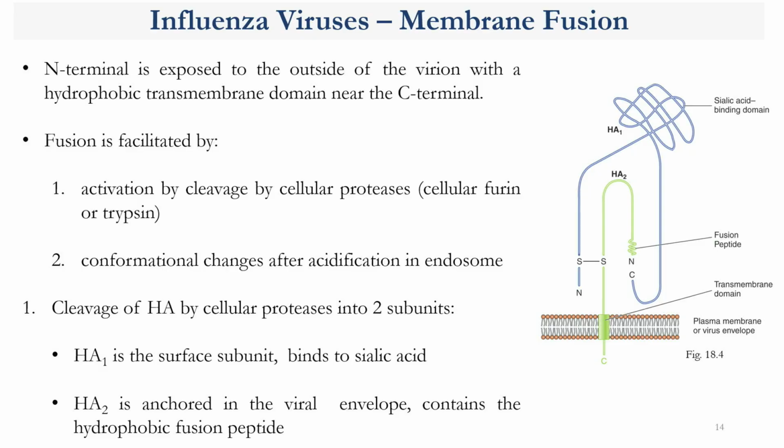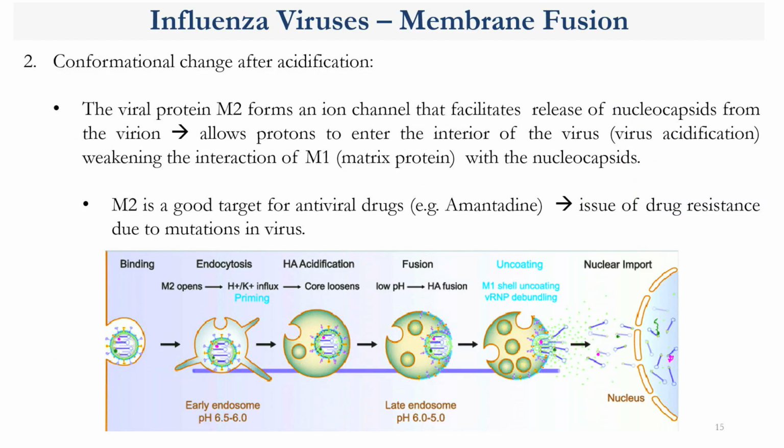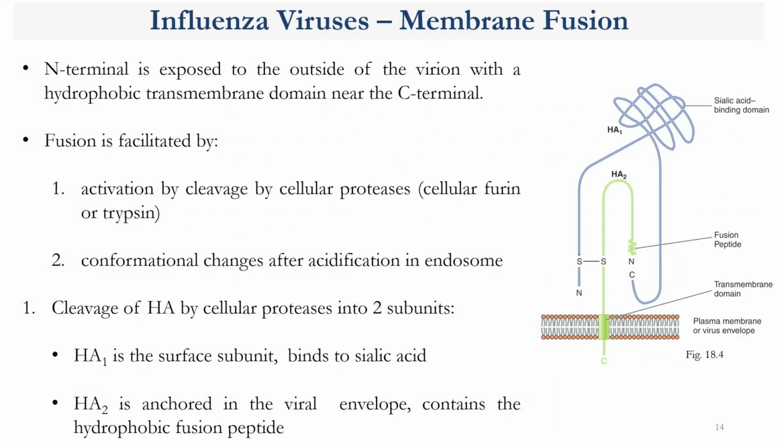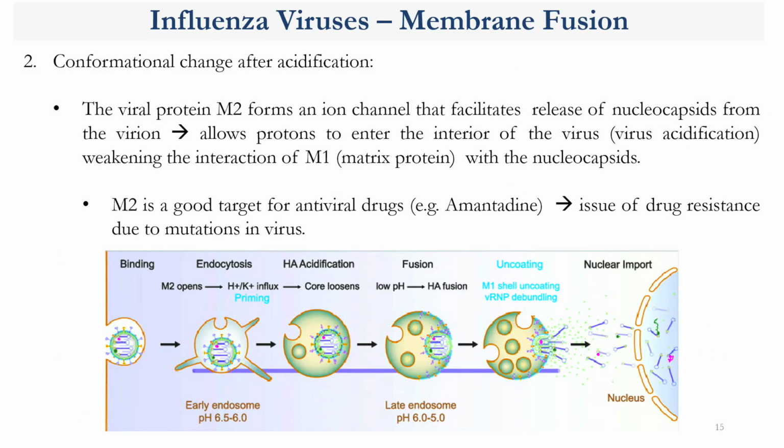Now, that's one way, that's cleavage by the proteases, but you can also change the conformation after acidification. So remember the M2 protein we were talking about? It's an ion channel. The M2 forms an ion channel, and it facilitates the release of nucleocapsid from the virion.